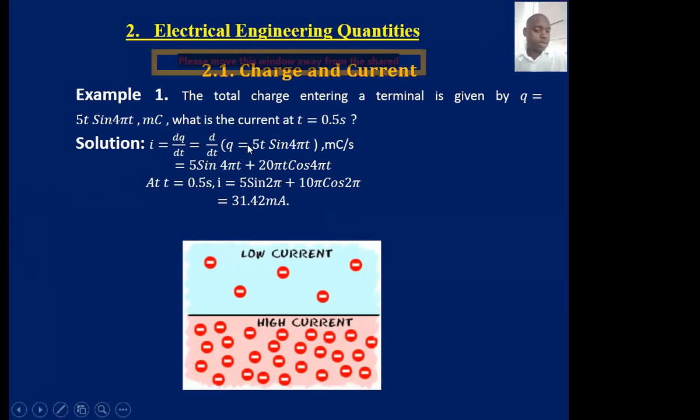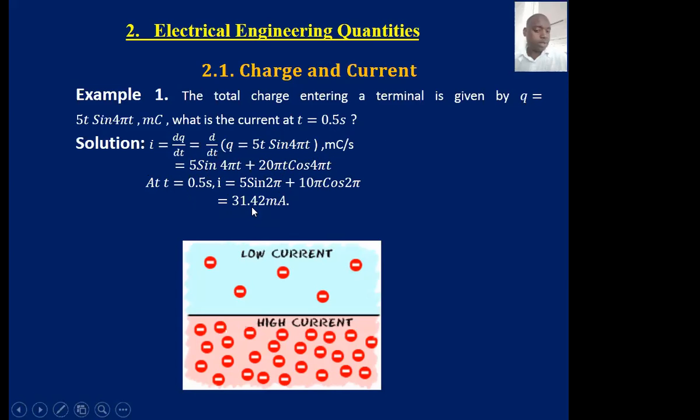Our q is given by 5t sin 4πt in millicoulombs, and dq by dt means we differentiate 5t sin 4πt. From calculus, the result is 5 sin 4πt + 20πt cos 4πt. Then at t = 0.5, we substitute into the expression for current.